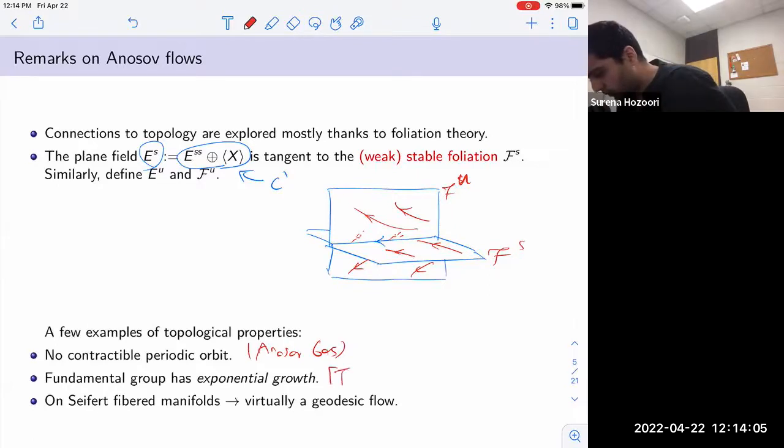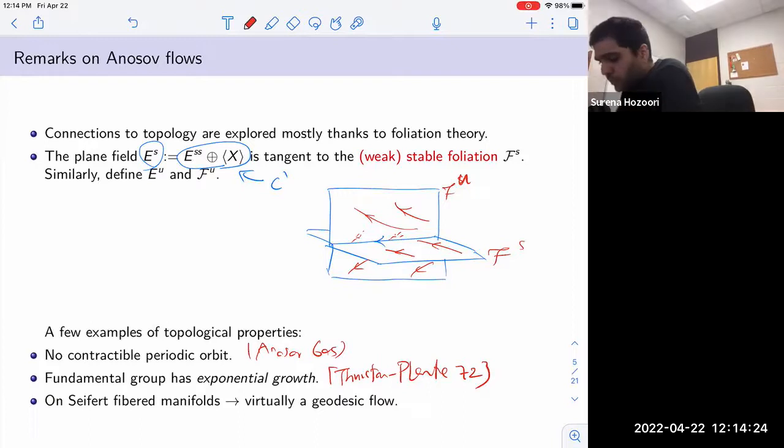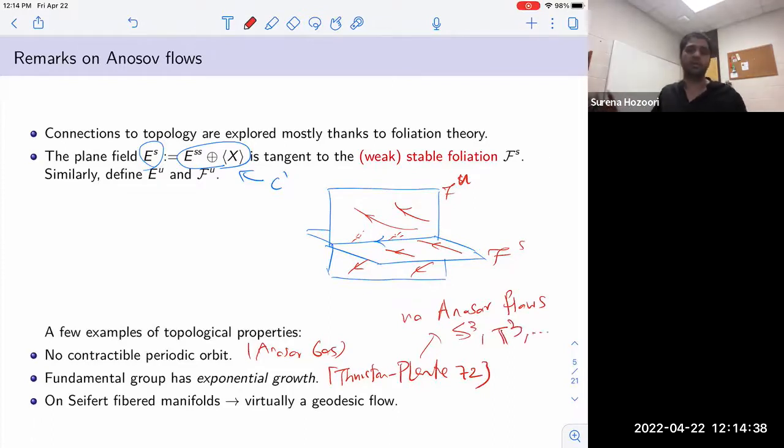Thurston and Plante, I believe in '72, showed that the fundamental group of the underlying manifold needs to have exponential growth in this case. If you don't know what exponential growth is, it means that the fundamental group should be very, very large, which automatically excludes the existence of these flows on manifolds like S^3 or the torus and so on, because their fundamental group is not large enough.